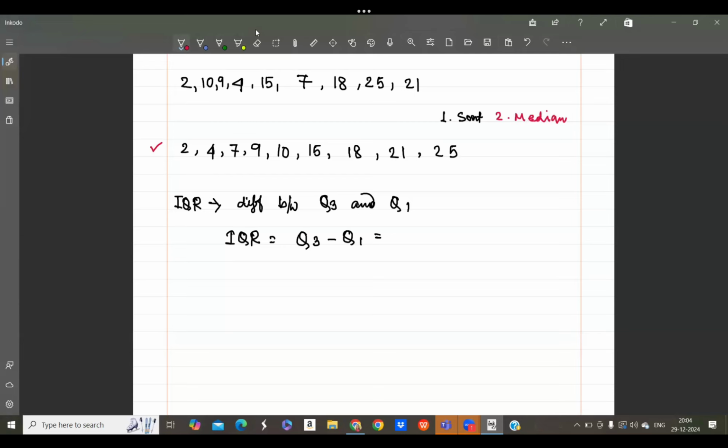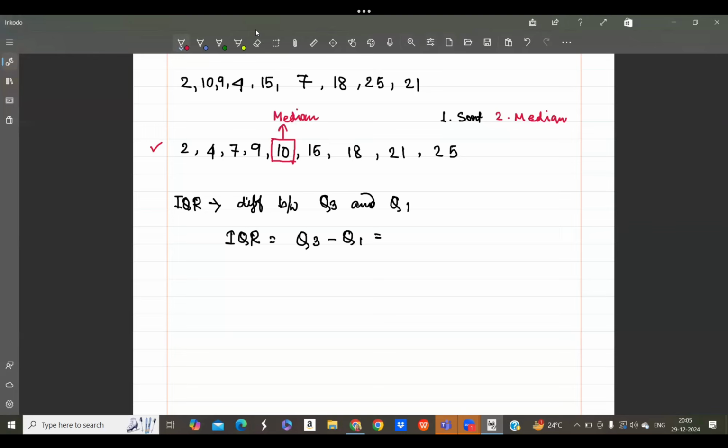बताओ what is the median? 10. Is it same for everyone? Yes, ma'am. Let's take 10 as our median. This is our median.